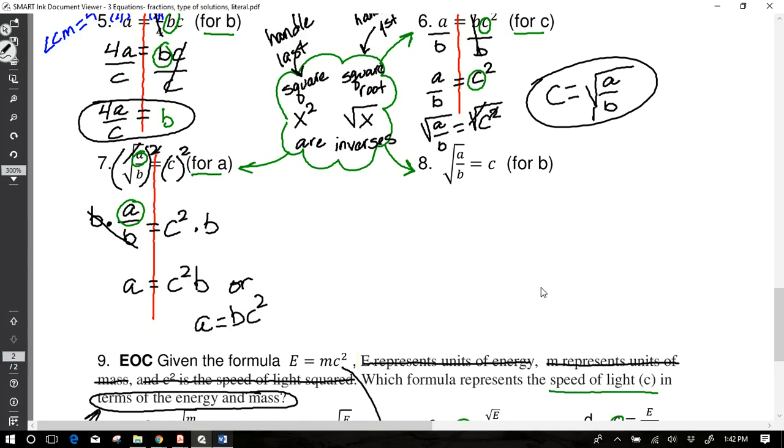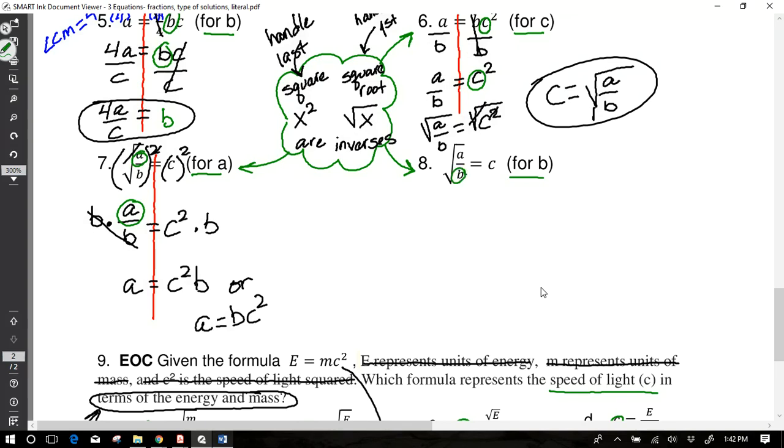Let's try 8 together as well. I want to do 8 with you. If you look at 7 and 8, the initial problem, the square root of a over b equals c, is exactly the same. The part that's different is what I'm asking you to solve for. It's important to know how to solve for what might be on the top of the fraction, but also for what's on the bottom of the fraction.